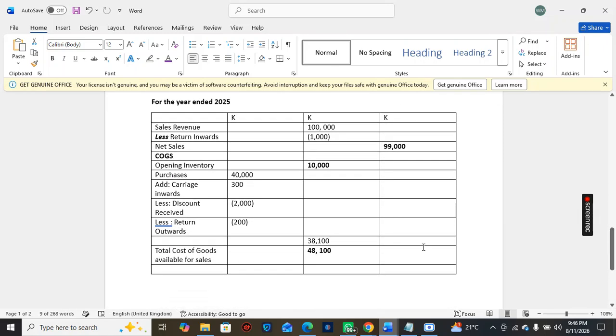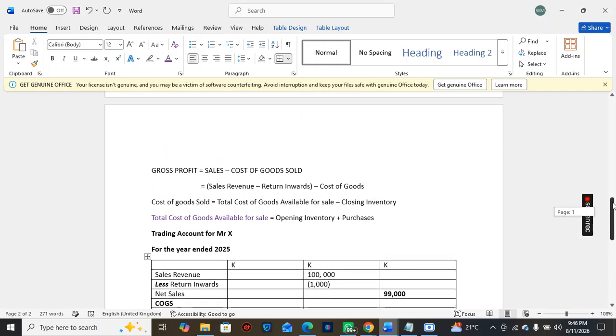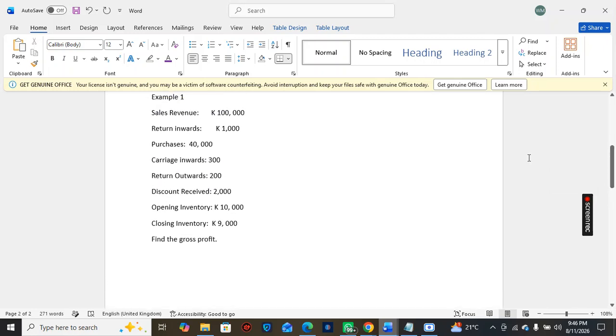So we're going to subtract the cement we remain with at the end of the month. Less closing inventory, because remember, you cannot make a profit off of cement that you haven't sold.